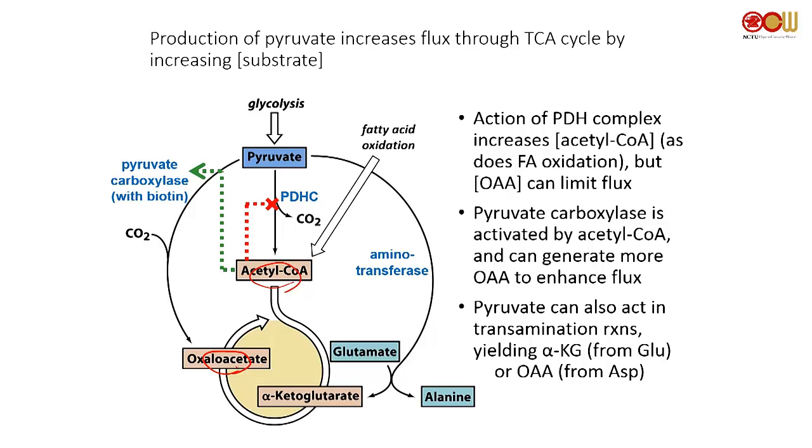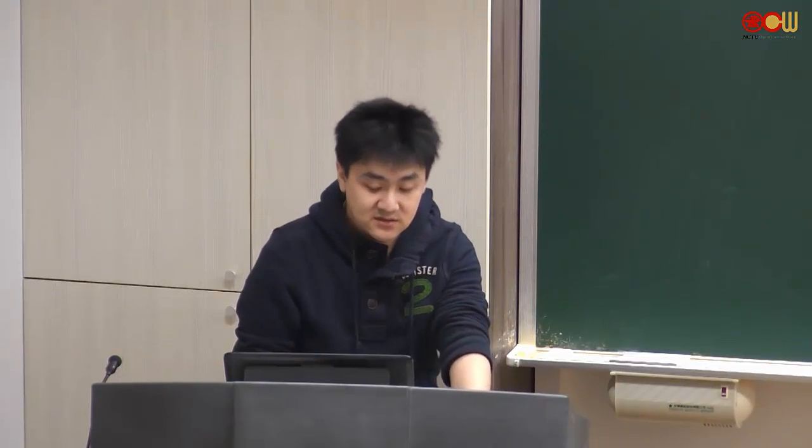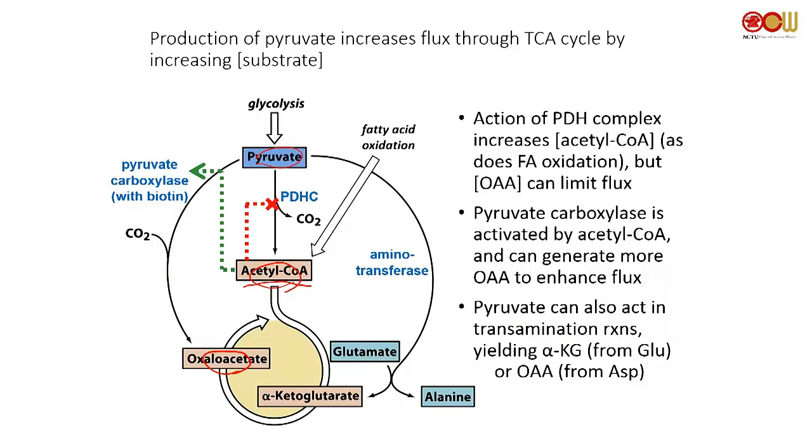So let's say today you turn a bunch of pyruvate into acetyl-CoA, so you make a lot of acetyl-CoA, but you don't have enough oxaloacetate. Then the TCA cycle is not going to be running at a very fast speed. So as a result, you need to use pyruvate to put more flux to oxaloacetate.